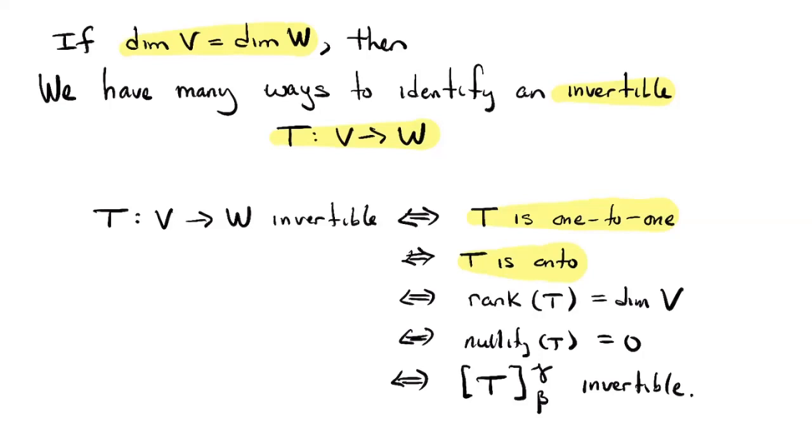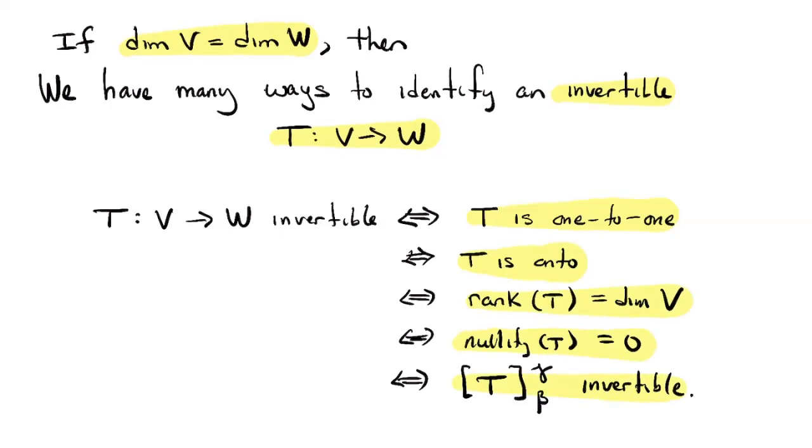Likewise, being onto is equivalent to its rank being as big as possible. The rank is the dimension of V. Or the dimension of the null space is 0. That's also equivalent. Like we saw last time, if the matrix of T in any ordered bases, beta and gamma for V and W respectively, is invertible, then the map is invertible.